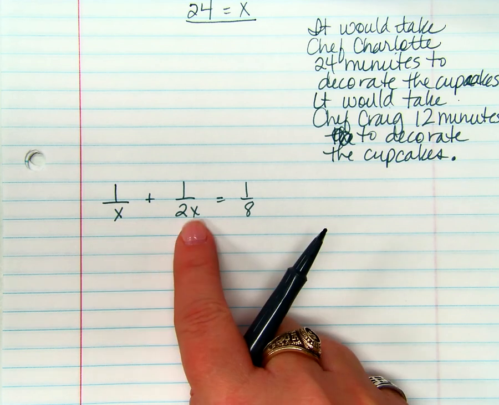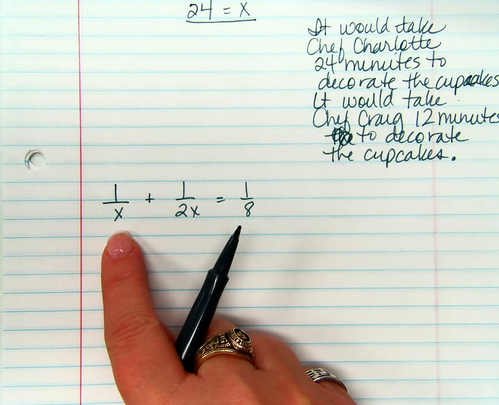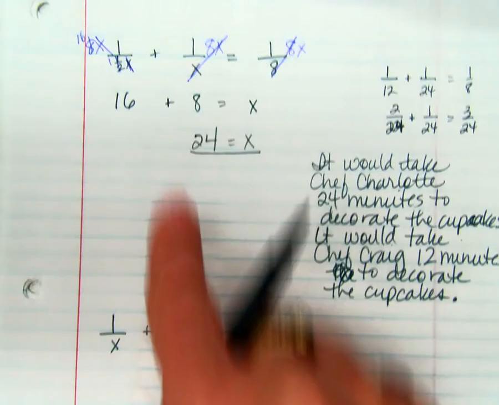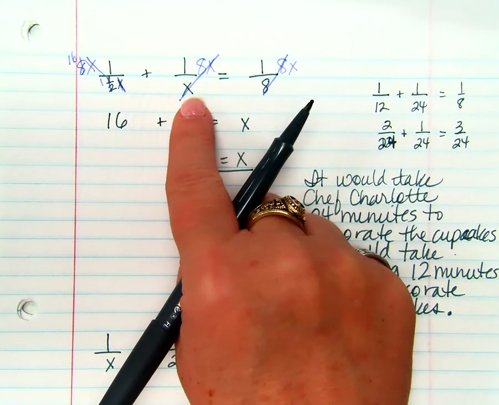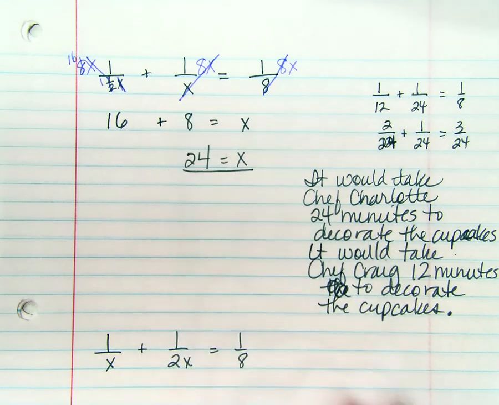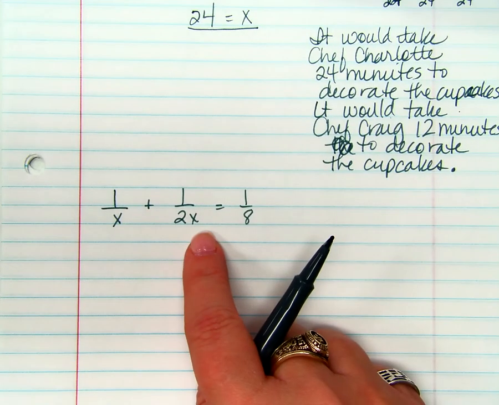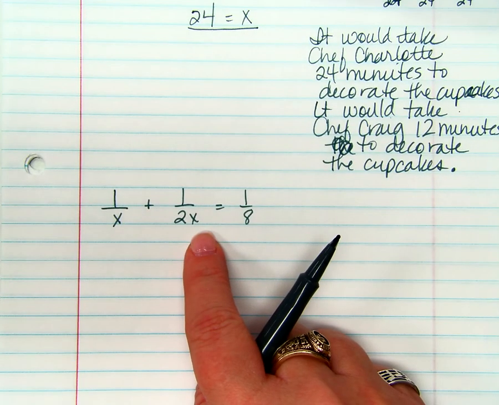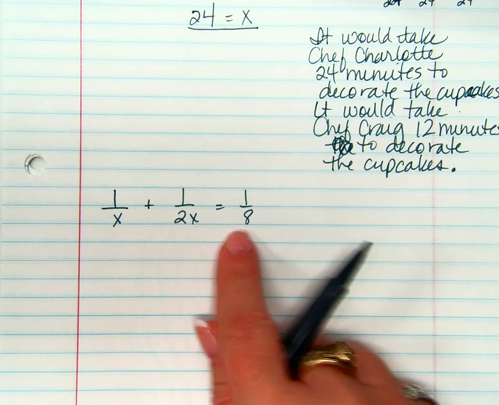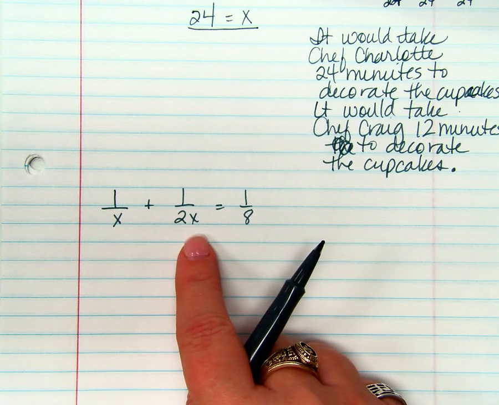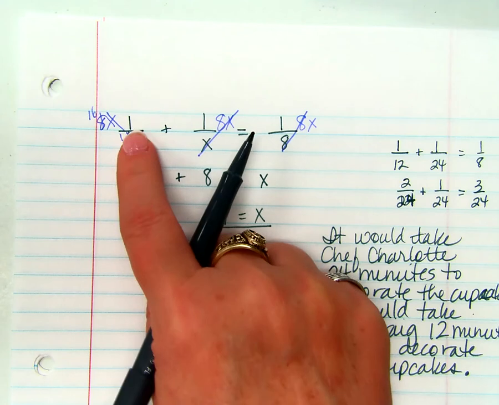They're saying Charlotte takes twice as long. Does that mean the same as Craig takes half as long as Chef Charlotte? But the difference is if you do it this way, there's no fractions. Yes, there's the original fractions, but they're not fractions inside of a fraction like you have here.